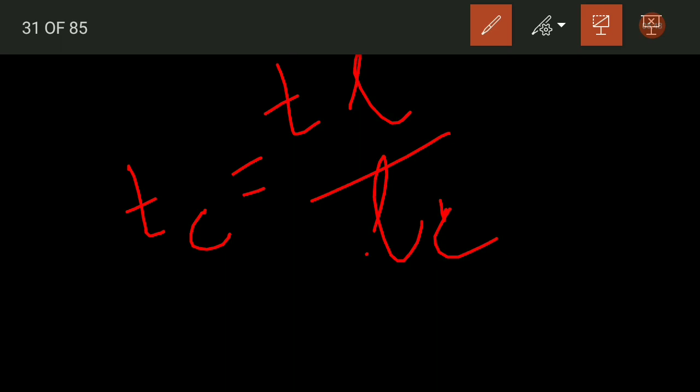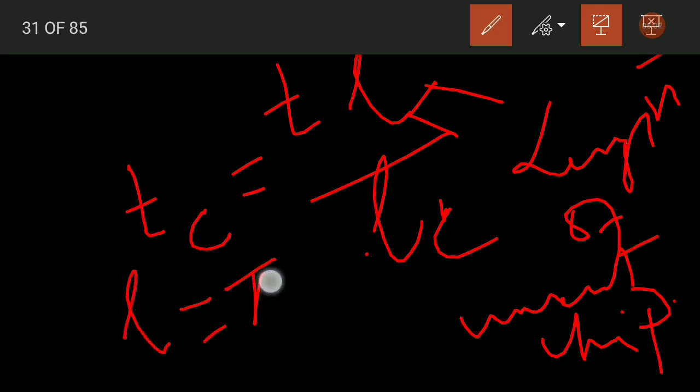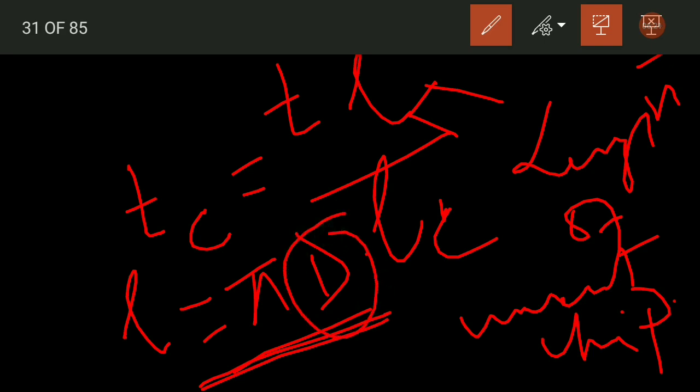Now this L is the length of the uncut chip, and L you can write as pi into D. Why? To get an exact size of uncut chip length L, sometimes you can introduce a small saw cut parallel to the axis on the workpiece, so that the uncut chip length is L equal to pi into D, and D is the diameter of the workpiece.